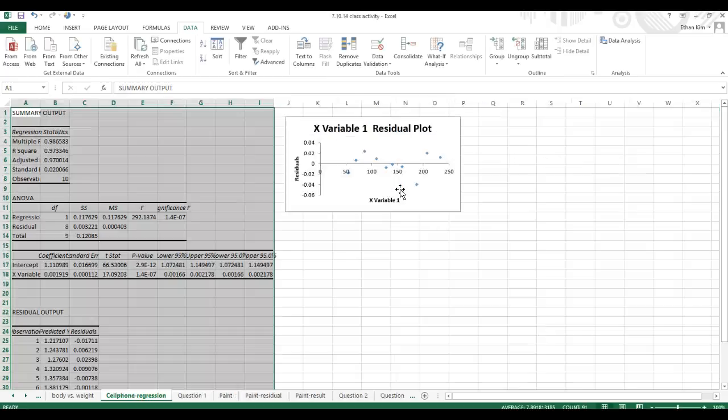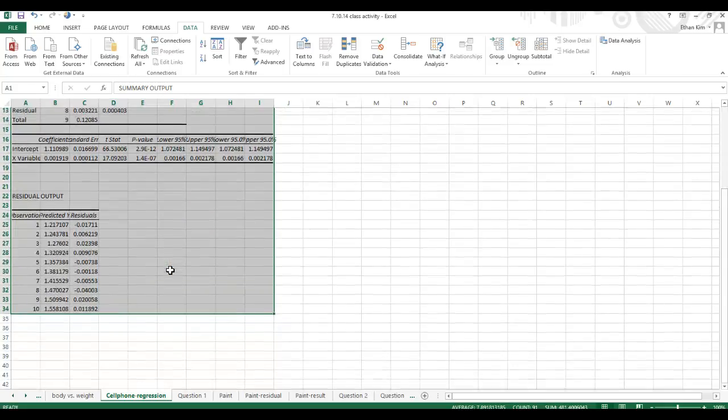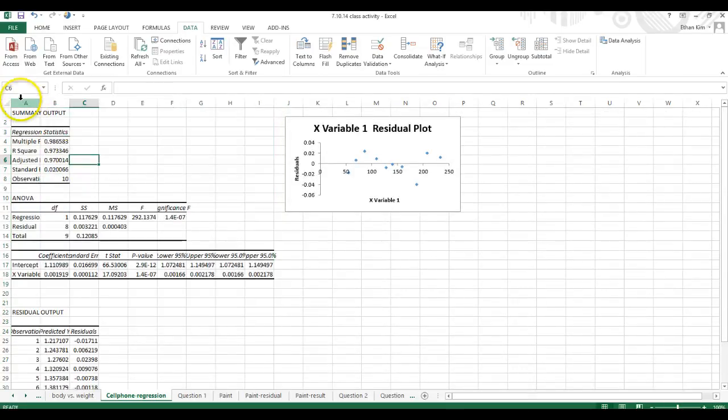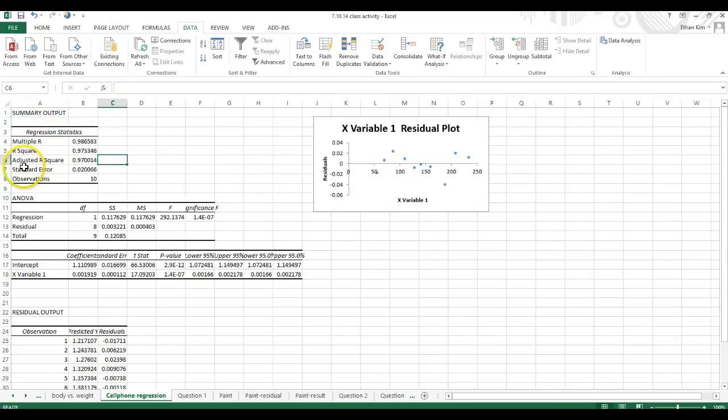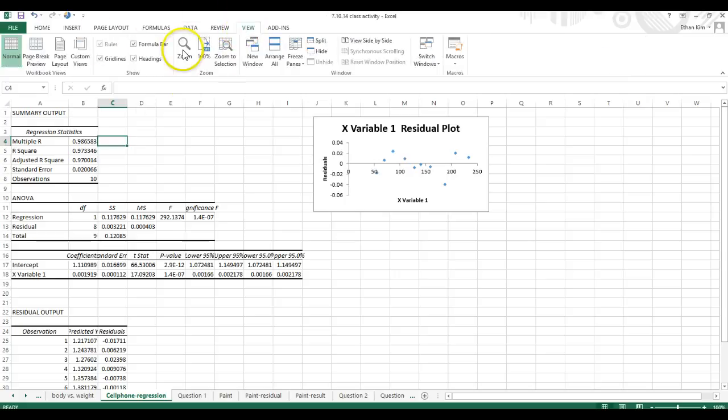Okay, so if we do that, we get all these values, and we are going to look at these here, right? So multiple R is the correlation, and this is very, very high, so it means that, oh, sorry again, I'm gonna zoom in.